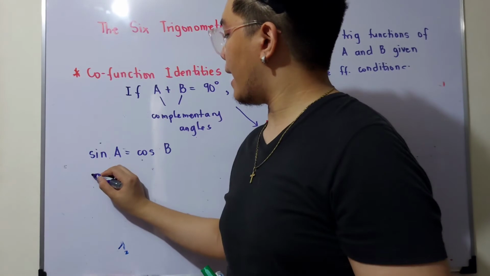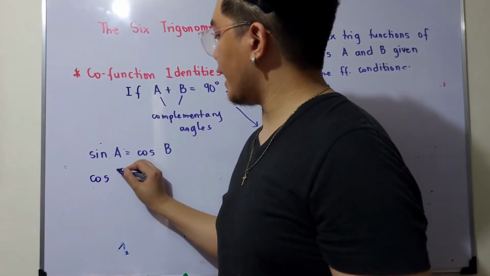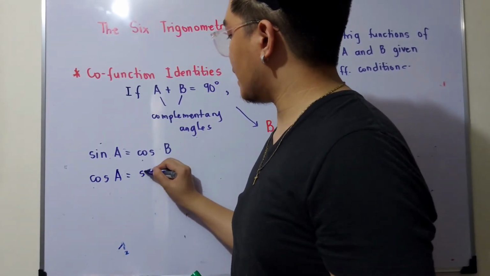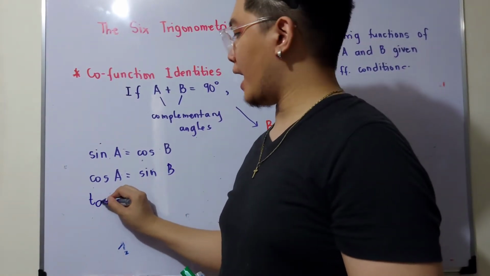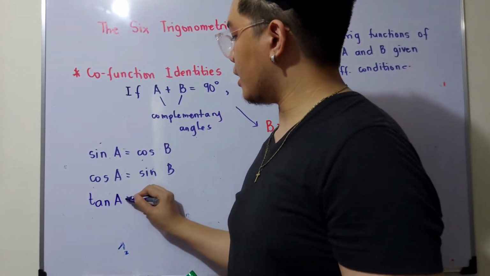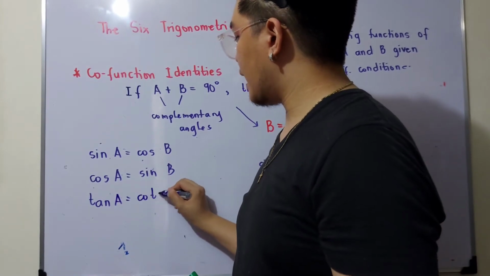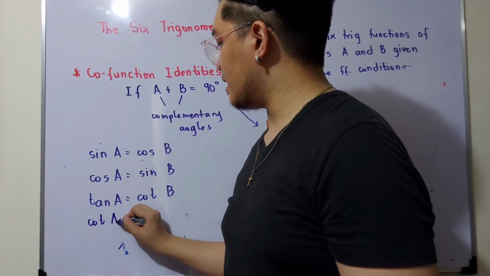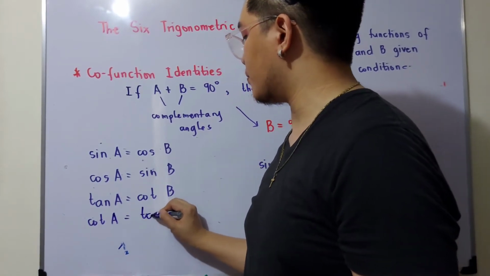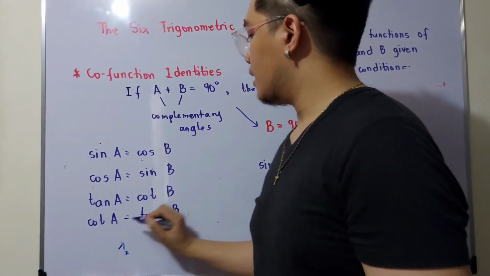Okay? So, yung cosine A equal sa sine ng B. Tapos yung tangent A equal sa cotangent ng B. Yung cotangent A equal sa tangent ng B. Okay?